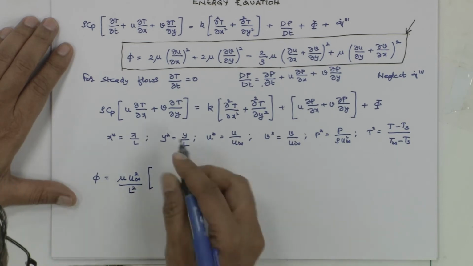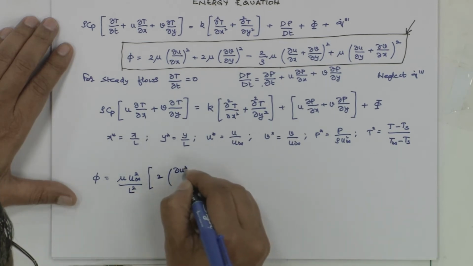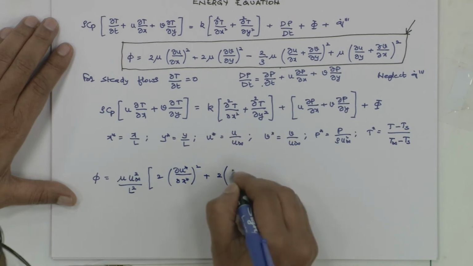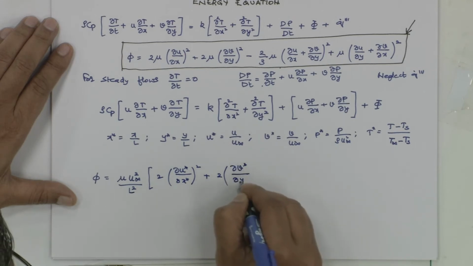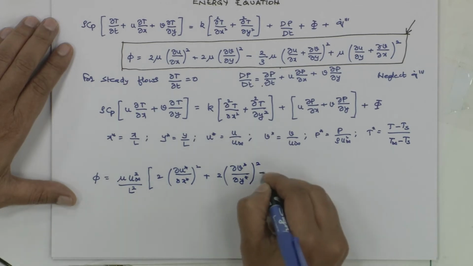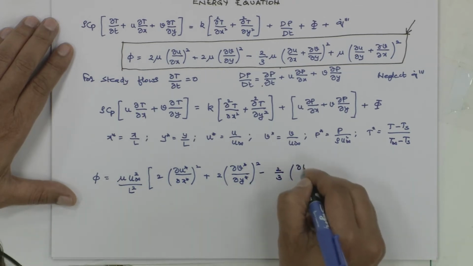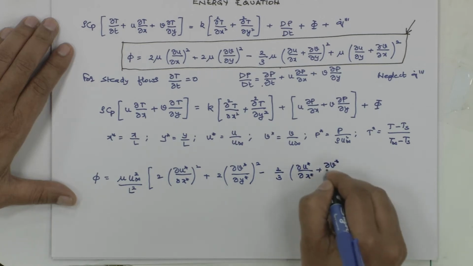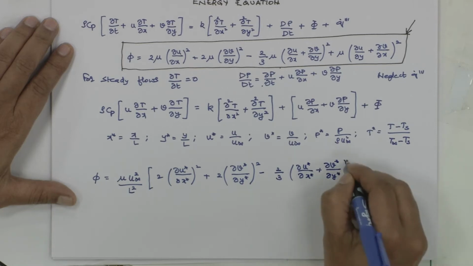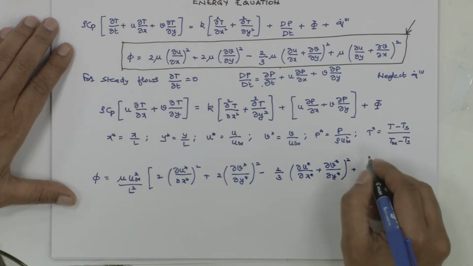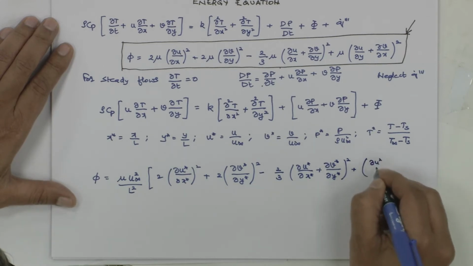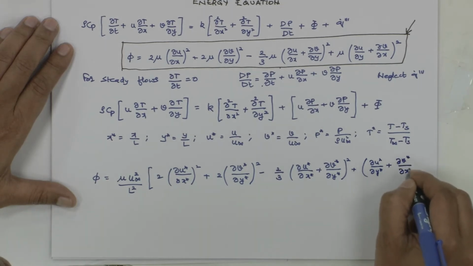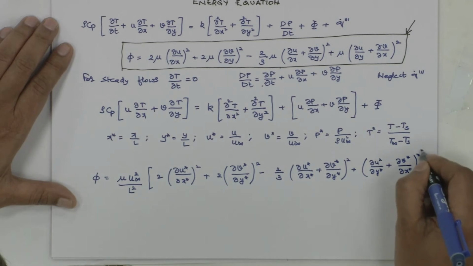So, you get 2 (del u star upon del x star) squared, similarly 2 (del v star upon del y star) squared minus 2 by 3 (del u star upon del x star plus del v star upon del y star) squared plus (del u star by del y star plus del v star by del x star) whole squared, whole in the bracket.